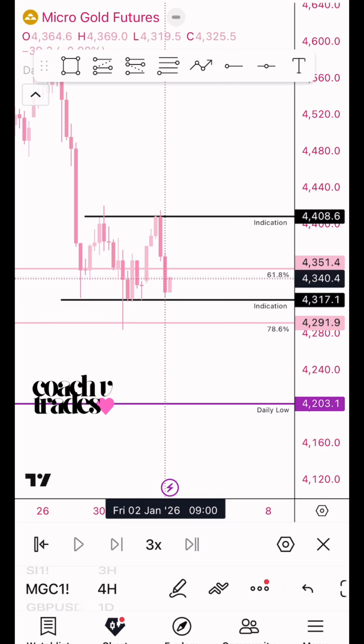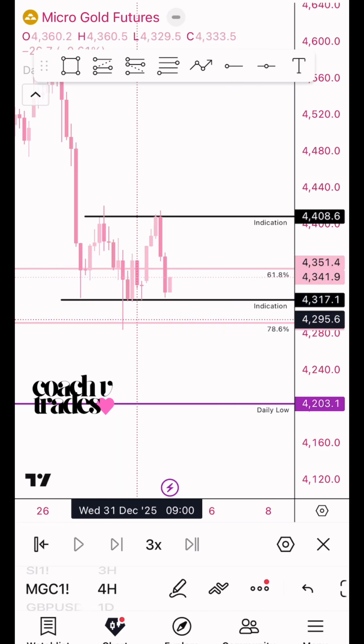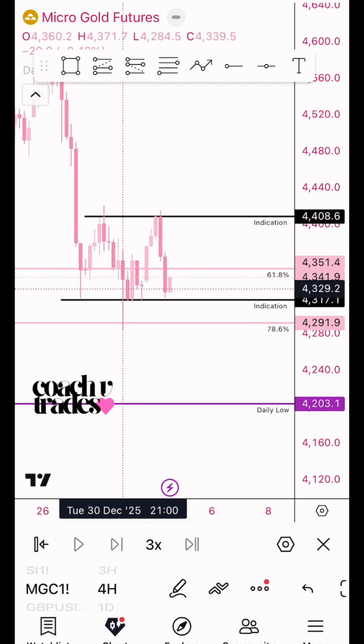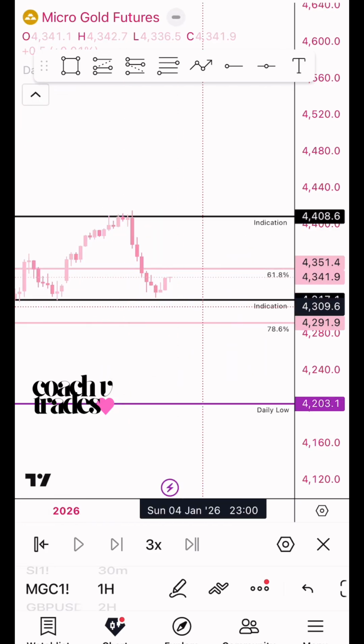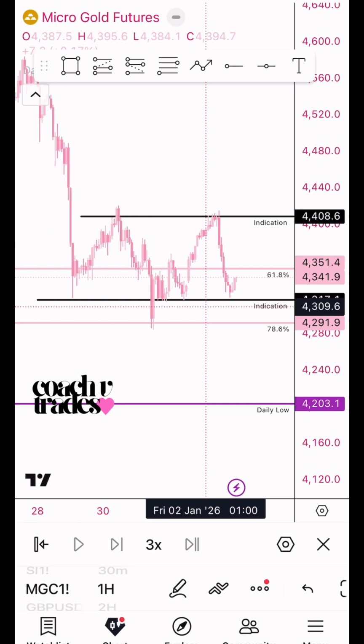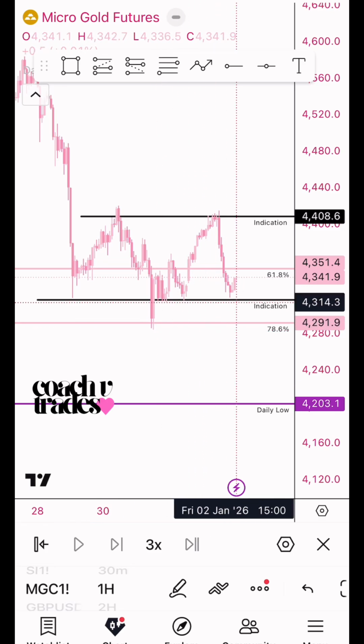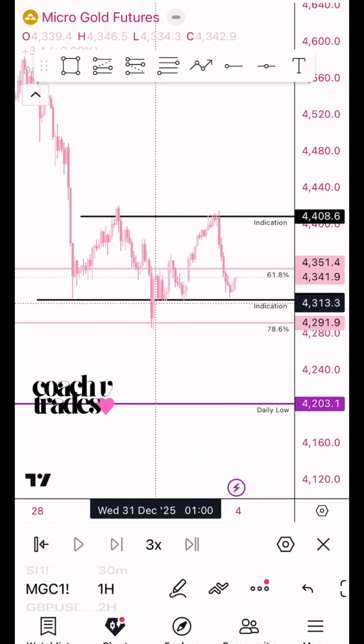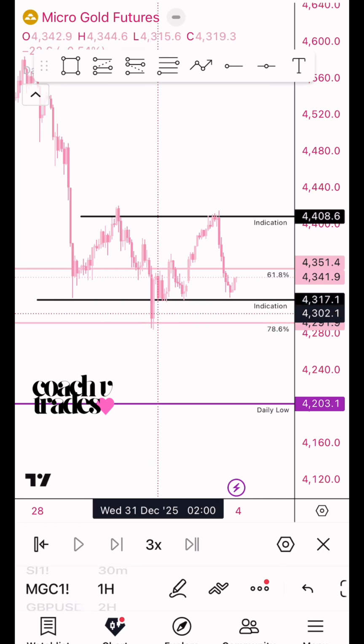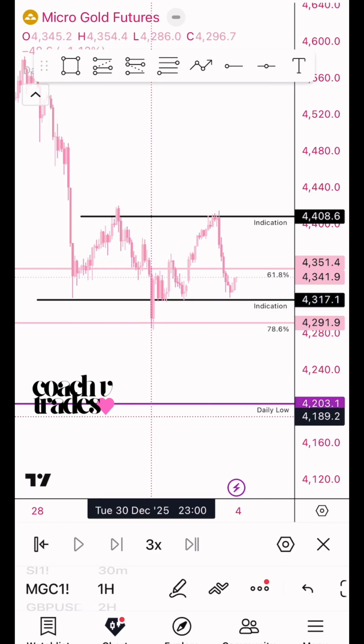But we also indicated that we wanted to go down. We indicated that if we go to the 1 hour, we indicated that we wanted to go down. So on the 4 hour, this is our indication, but I will wait until we break below this and come down and break below the daily low.